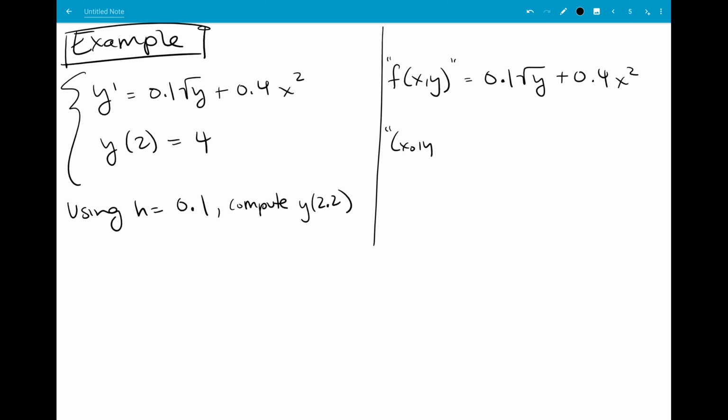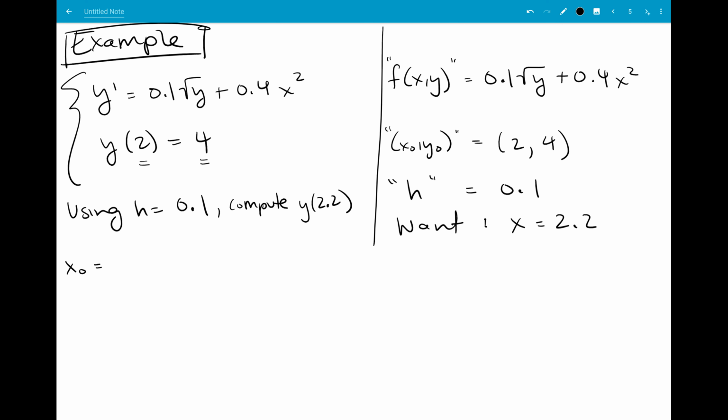Our x0, y0 is that initial condition. The x value is the input, and the y value is the output. And then we were given our h is equal to 0.1, and we want x equal to 2.2. And then that'll tell us what the y value is there.